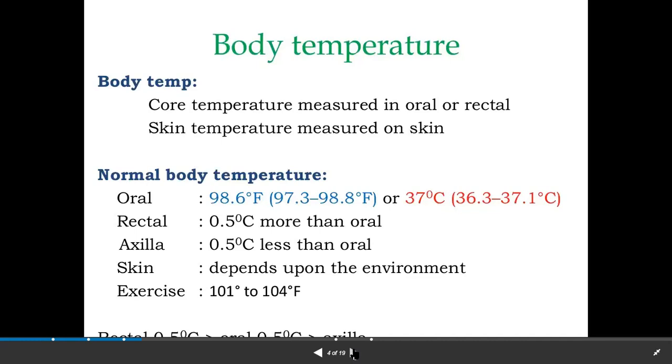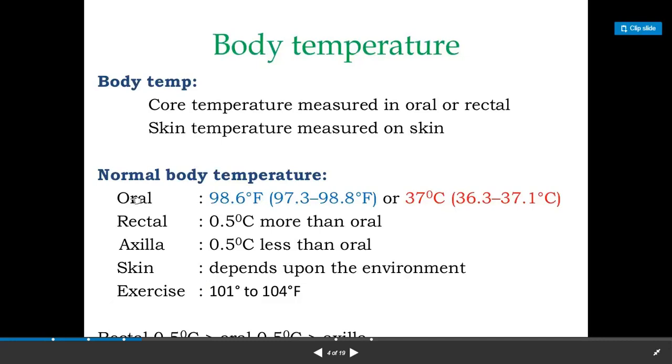Now, we will look at temperatures. You could measure temperatures in degrees Fahrenheit, or in degrees Celsius, okay? In America, they use Fahrenheit. In Africa and in Nigeria, they use degrees Celsius. So what is the normal body temperature if you measure in the oral cavity?